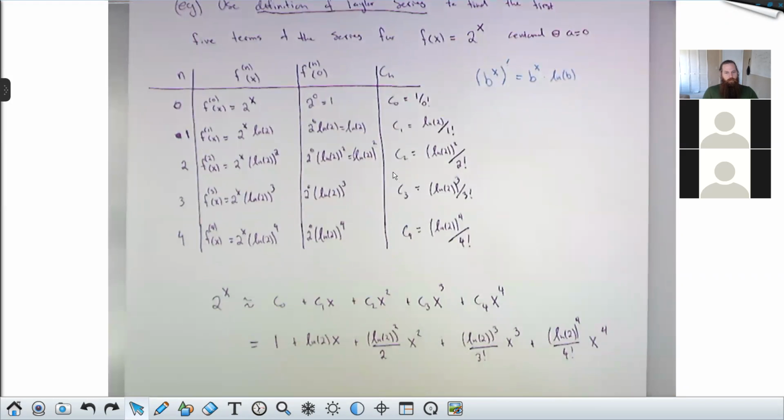So these would be the first 5 terms of the Taylor series for this function centered at 0, aka a Maclaurin series.